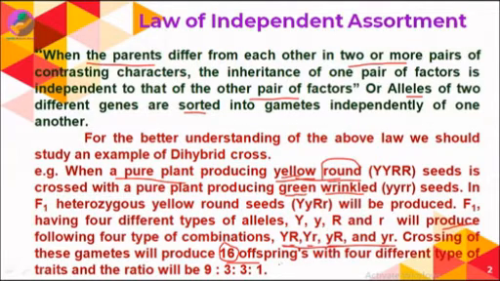They are producing 16 offspring with four different types of variations, which can be found in the ratio 9:3:3:1.